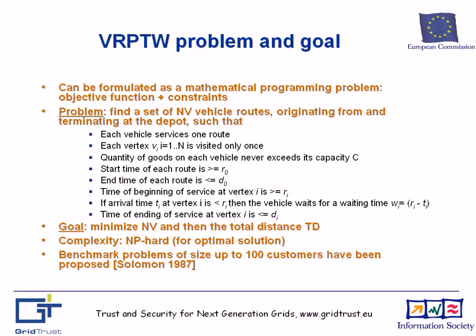The goal in solving the VRPTW problem is to allocate the given transportation tasks to the minimum number of vehicles while respecting all time and capacity constraints, and find a set of routes for those vehicles which minimize the total travel distance.